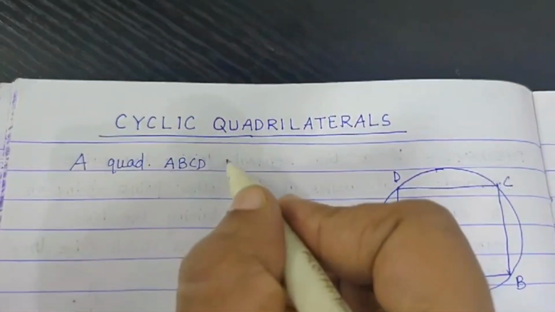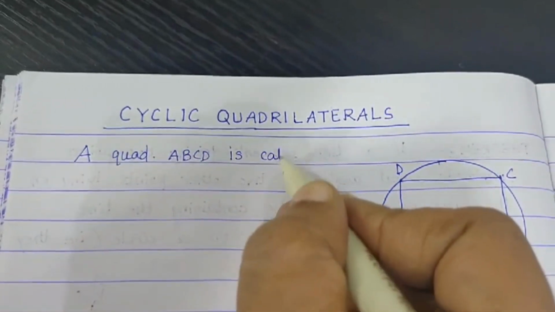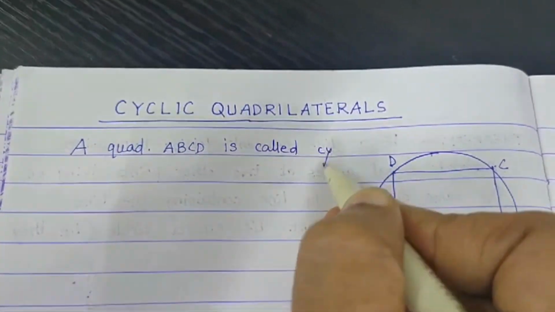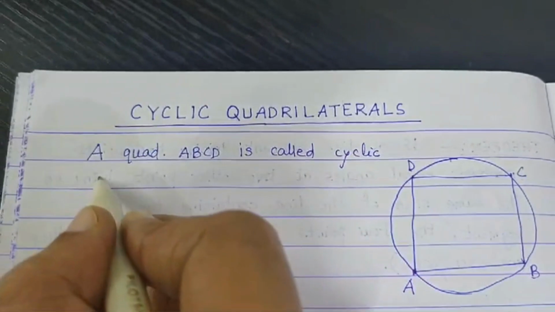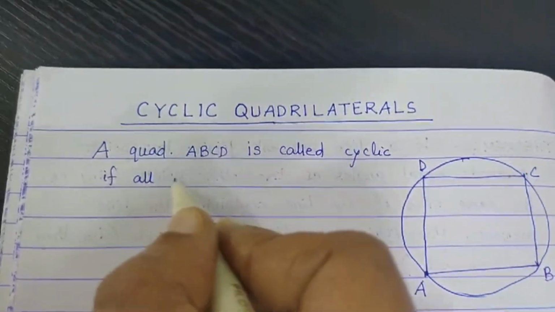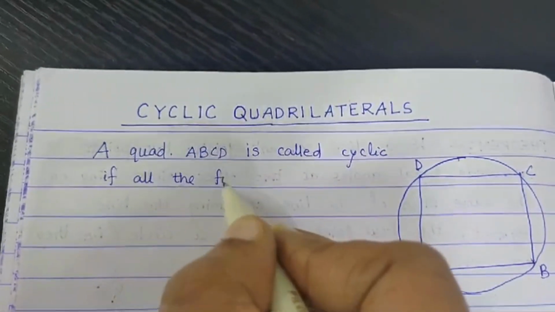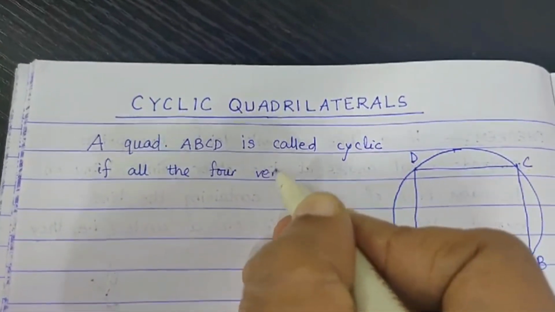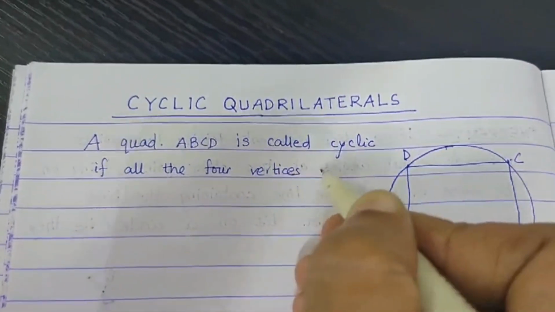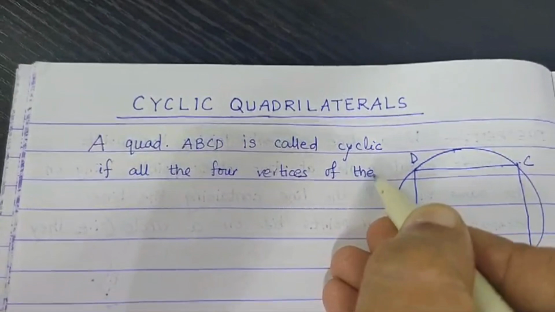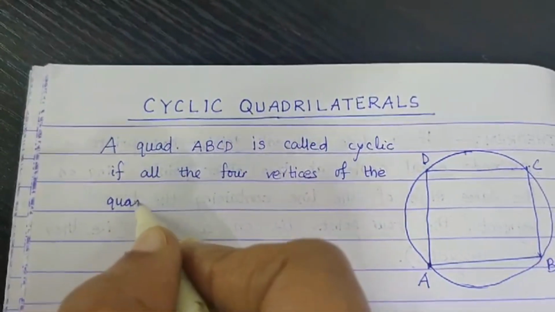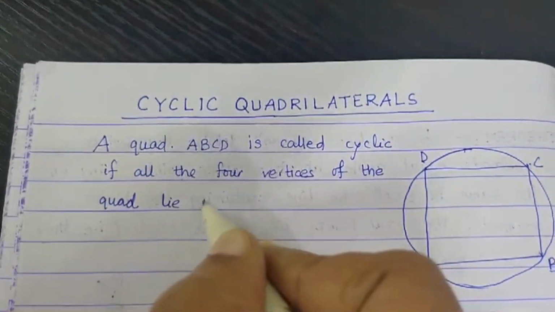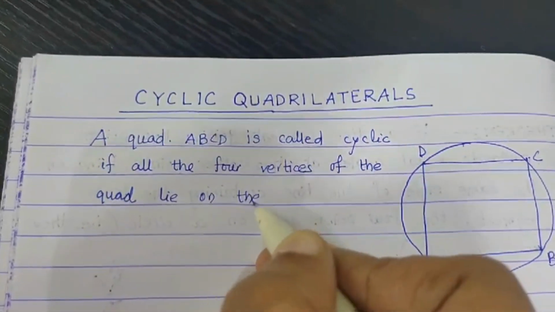So a quadrilateral ABCD is called cyclic if all the four vertices of the quadrilateral lie on the circle itself.